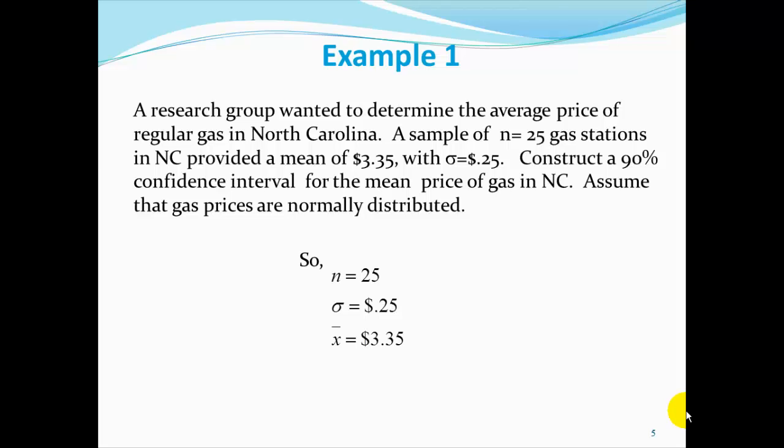So for our problem, our n value is 25, sigma is 0.25, and the sample mean is 3.35. Since our n value is 25, we have a small sample case. The problem tells us that our population is normally distributed, and sigma is given in this problem.